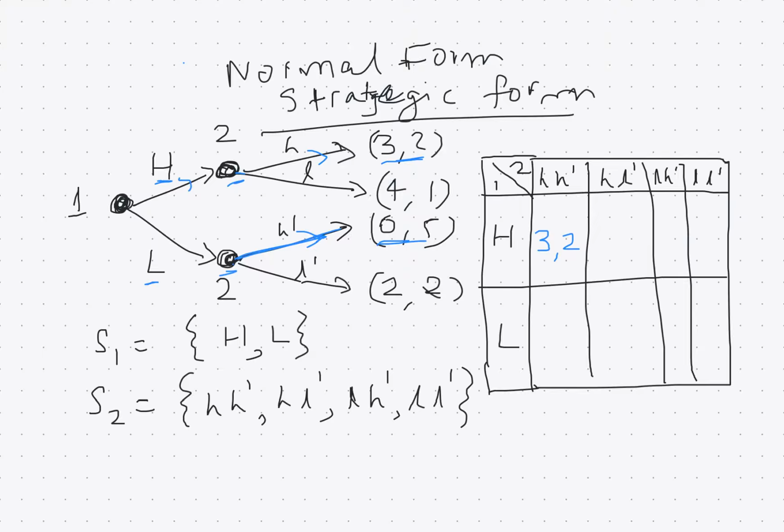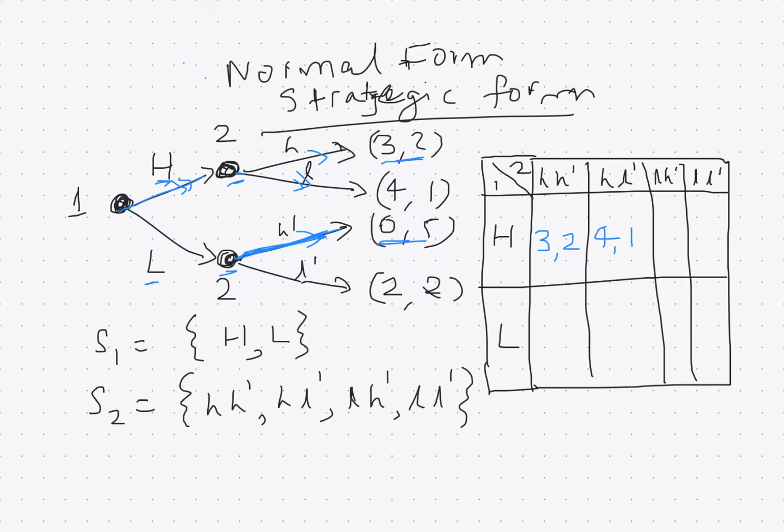Now let's consider player 1 choosing high price, and then player 2 choosing low price, right? So then this is the relevant path. So you go like this, and then you're going like this. So you'll end up with a payoff of 4 to player 1, 1 to player 2. And it doesn't matter what he's doing here because this is not relevant right now because player 1 hasn't chosen L. All right.